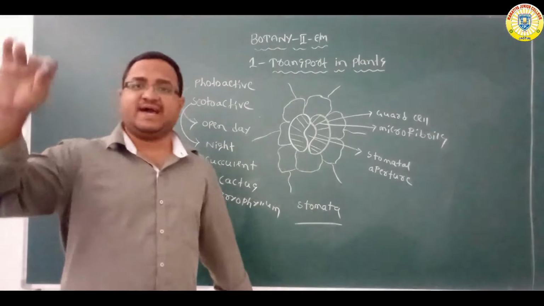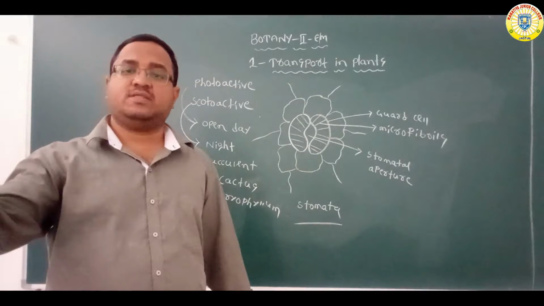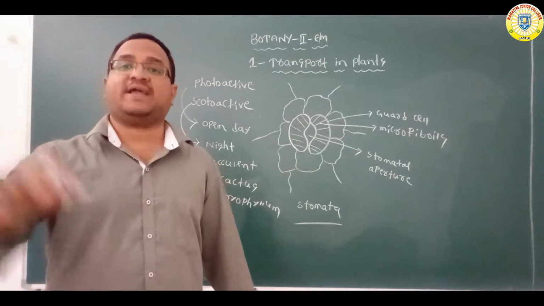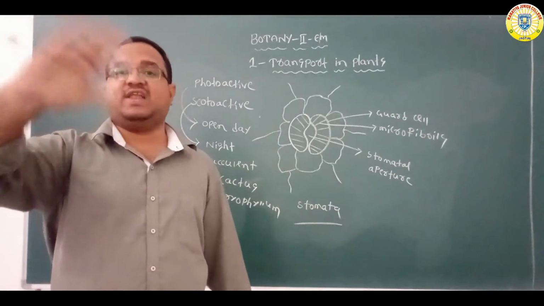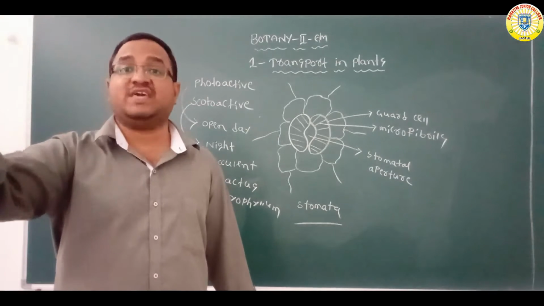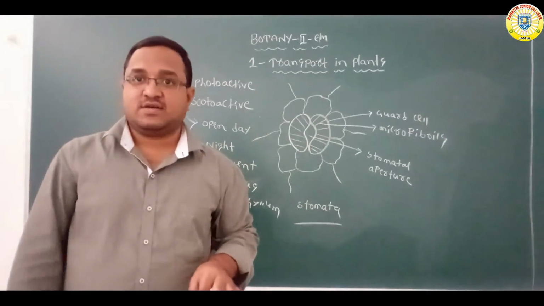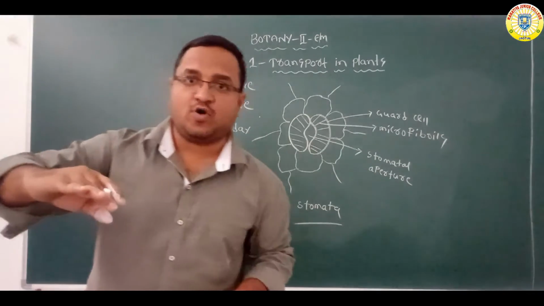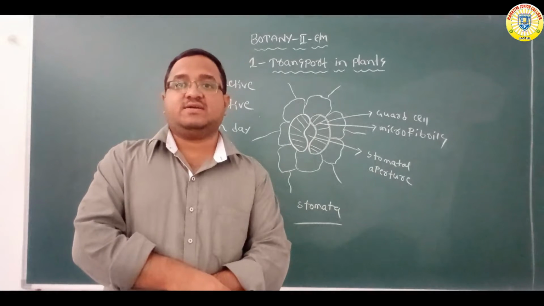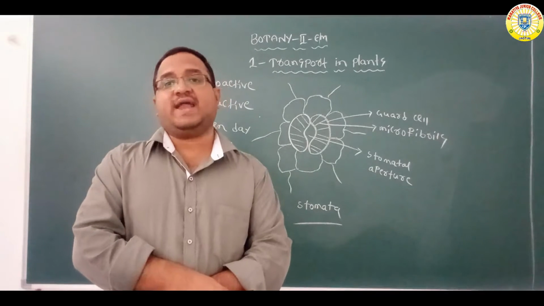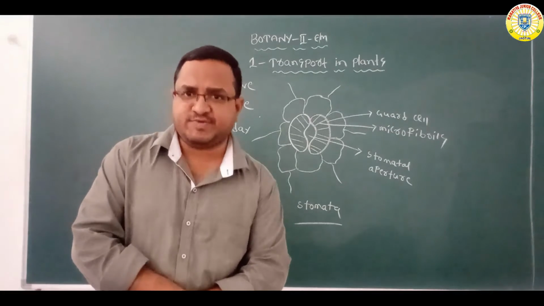But you can see in dicots, the lower surface of the leaf contains more stomata, whereas in monocots both the upper and lower surfaces have an equal number of stomata. The opening and closing of the stomata also depend on temperature, pressure, humidity and wind speed.